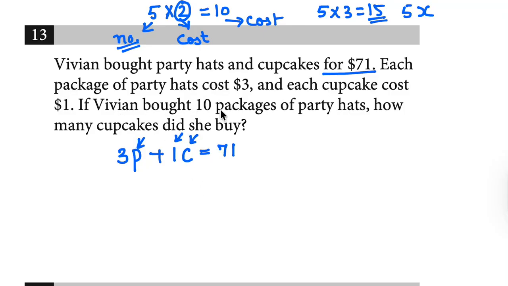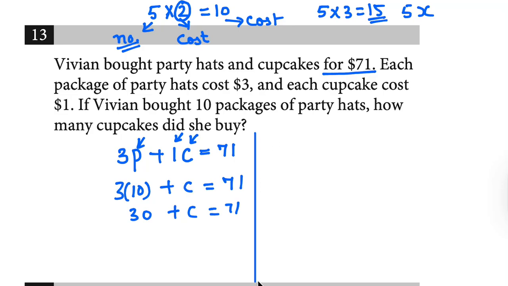Vivian bought 10 packages of party hats, this time this is given to me. How many cupcakes did she buy? I don't know C, so that is what needs to be calculated. 30 plus C is equal to 71. Now the next part is we have to solve the equation. So subtracting 30 on both sides, C is equal to 41.